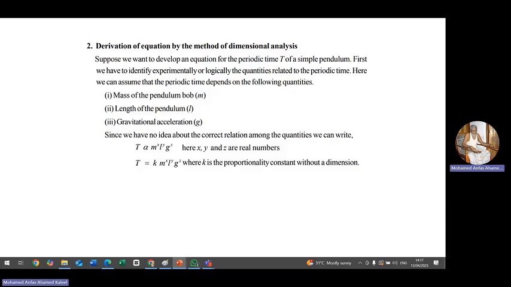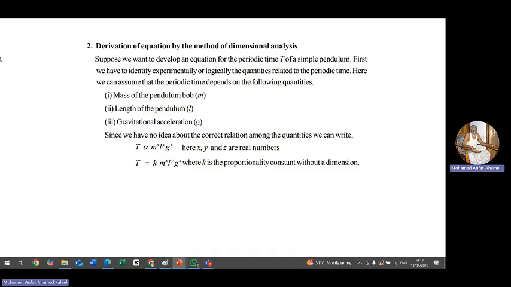First, we have to identify experimentally or logically the quantities related to the periodic time. So here we can assume that the periodic time depends on the following quantities.